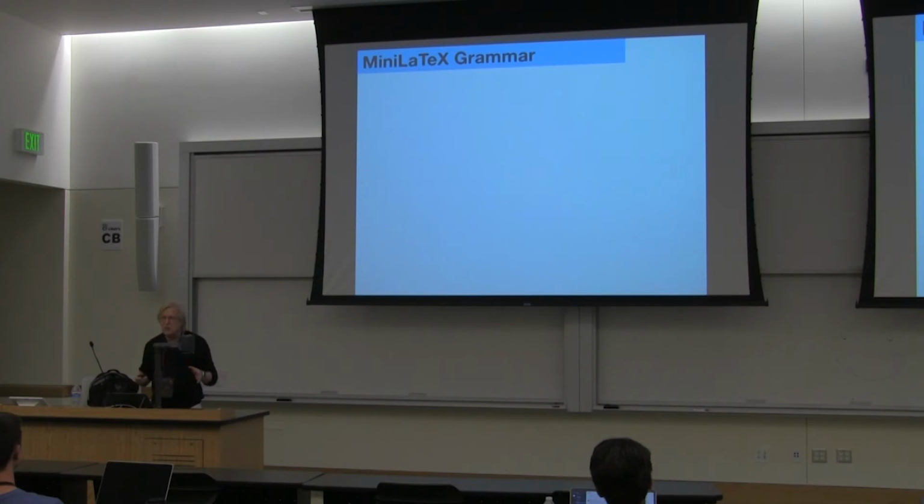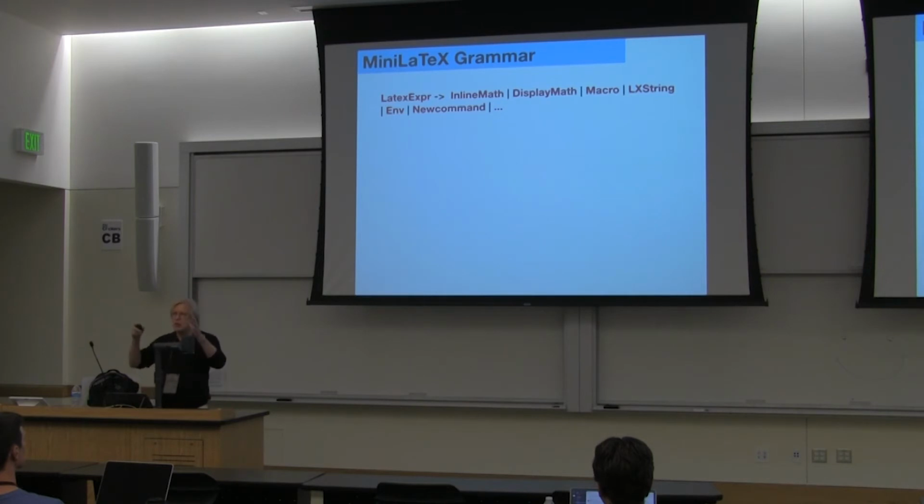Okay, so given this, let's think about some fragment of the MiniLaTeX grammar. So the top level production in the grammar is going to correspond essentially one-to-one to that type definition. So we had the type LaTeX expression. Okay, it's on the previous slide.